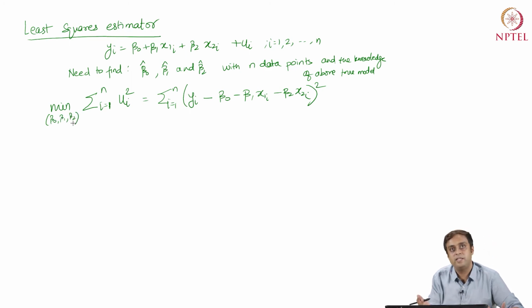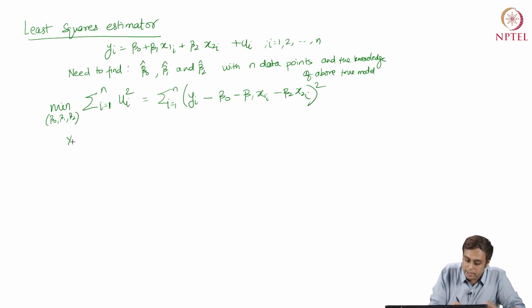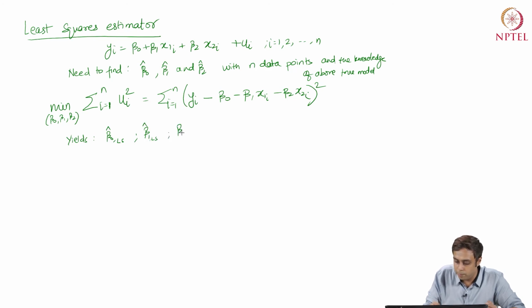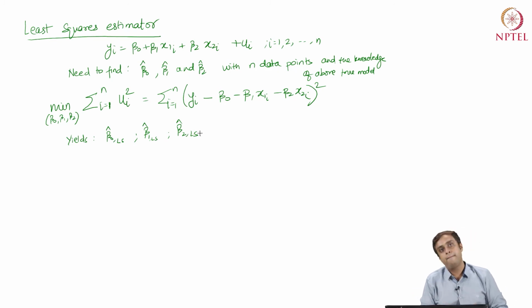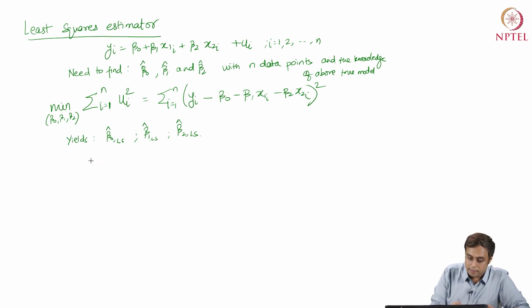It's an optimization problem. I will write my first order conditions, but ultimately this exercise will yield beta 0 hat least squares, beta 1 hat least squares and beta 2 hat least squares.